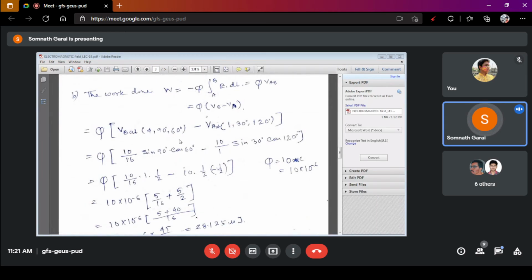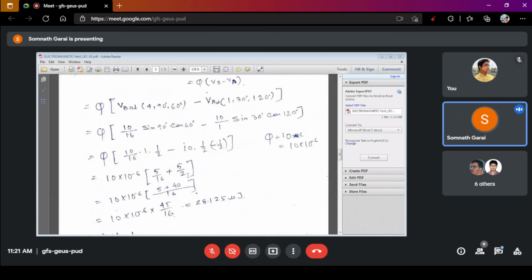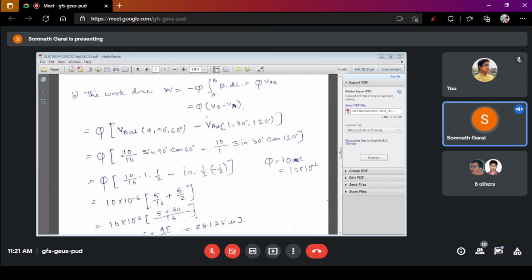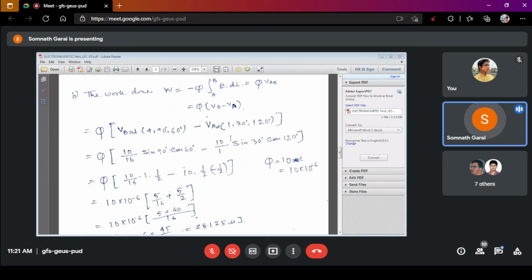Now if we put the values at that point in this equation, that is 10 r square sin theta cos phi. So 10 r square, that is 10 by 16, sine 90 is 1, cos 60 is half. Similarly for 1, 30, minus 120: 10 by 1, sine 30, cos 120.